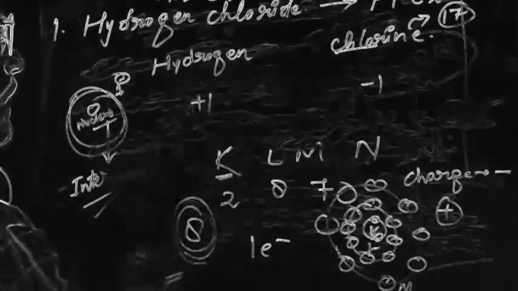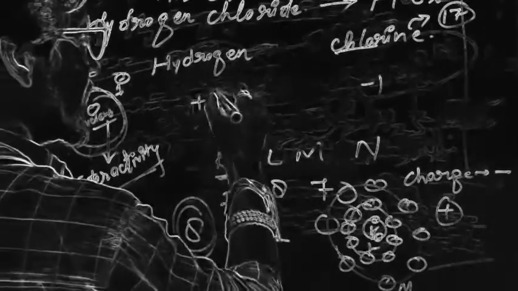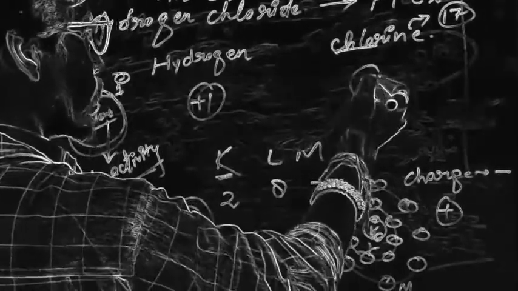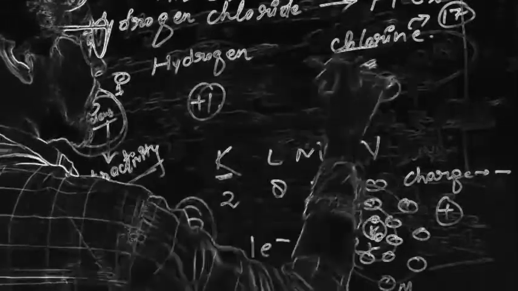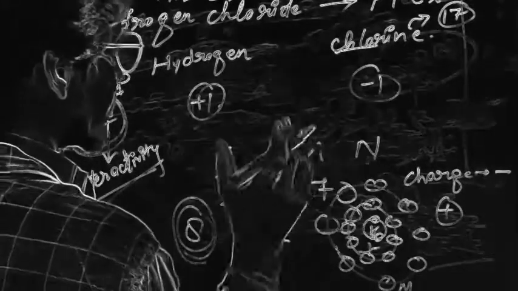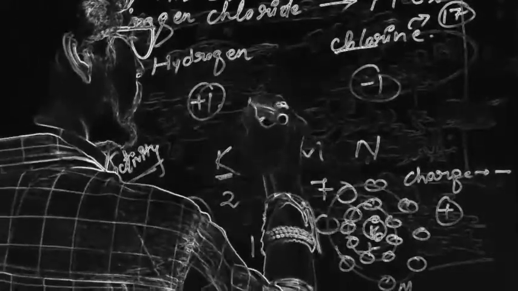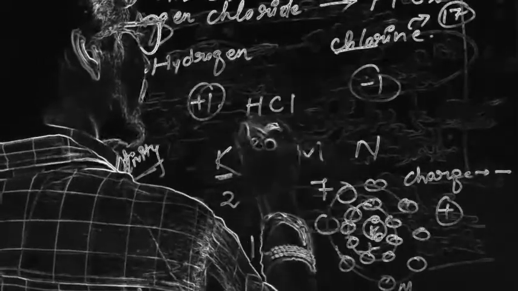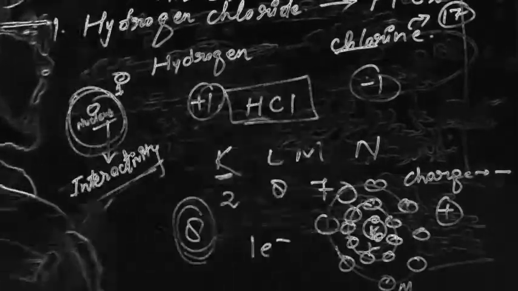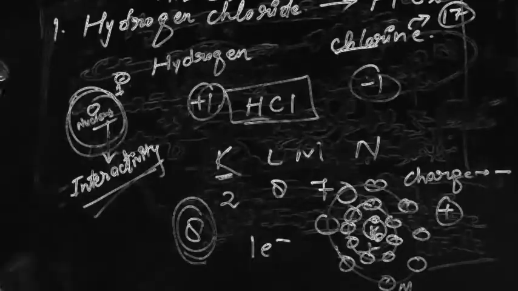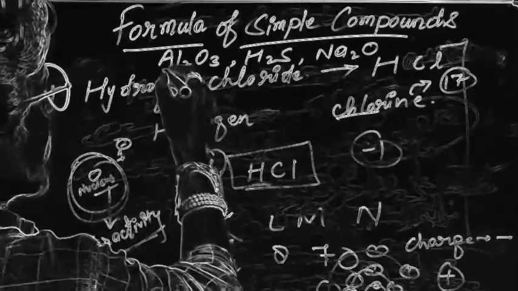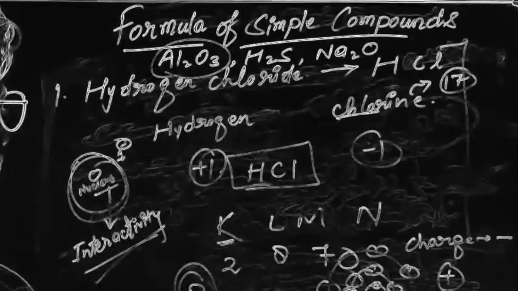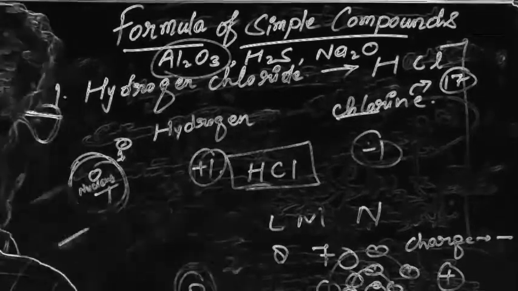Hydrogen valency +1. The valencies get exchanged, means one will come here and this one will go here, but 1 is not a considerable value, so there is no need to mention it. The formula gets formed, that is HCl, hydrogen chloride. Now we will take another example, aluminium oxide Al2O3.